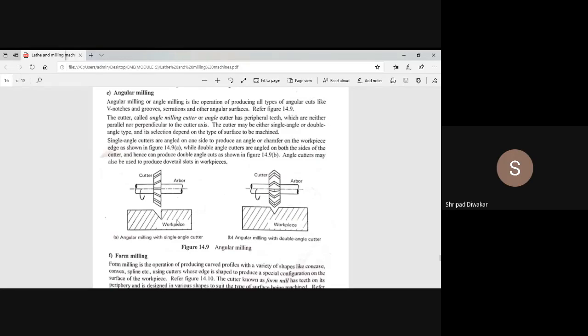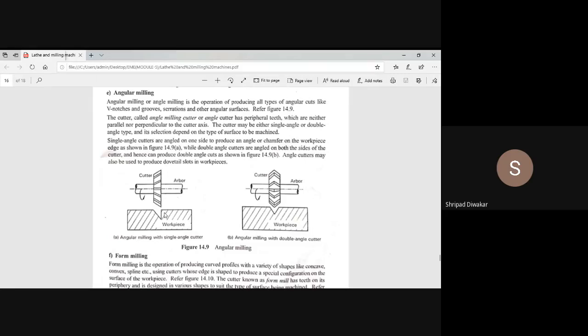In the case of a single angle cutter, this type of tool is used to form a single angle. On the other hand, the double angle cutter is used for the formation of this kind of groove. This kind of groove is possible in a milling machine.